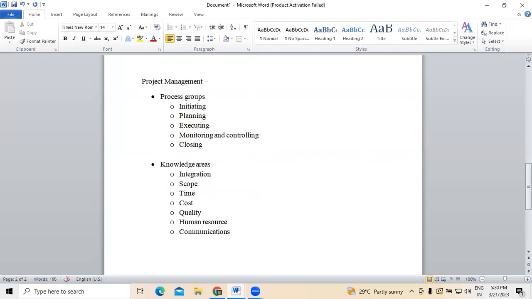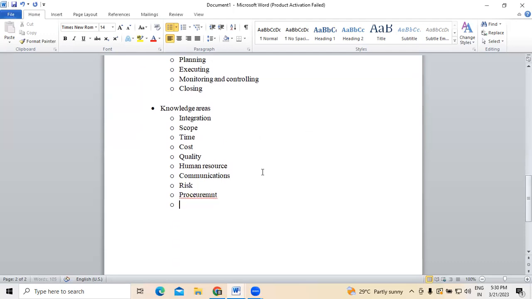When you see project management from the two levels, one is process groups, second is knowledge areas. Process groups are nothing but initiation, planning, execution, monitoring and controlling, closing. Knowledge areas are integration, scope, time, cost, quality, human resource, communication. Along with this, we can add risk, and procurement.